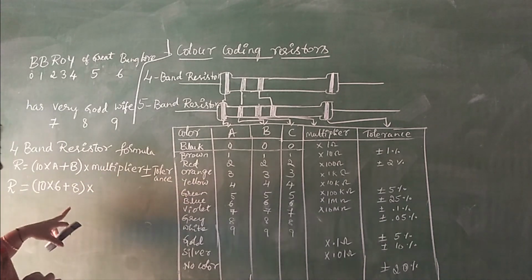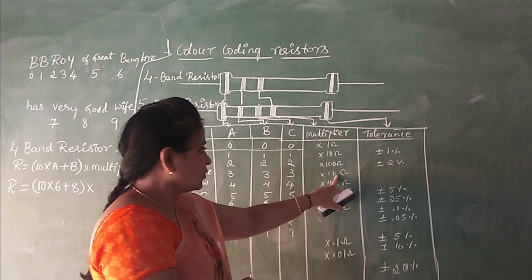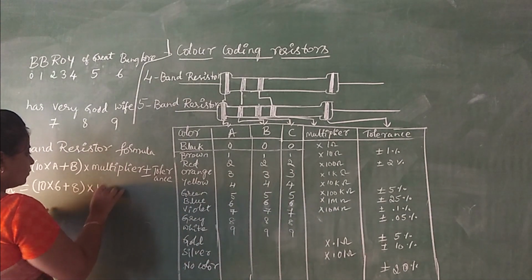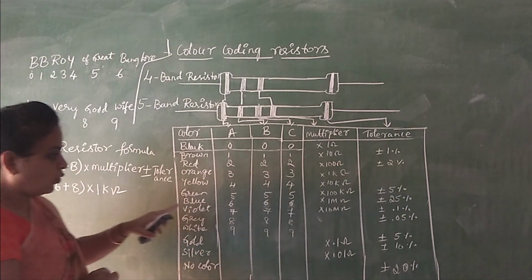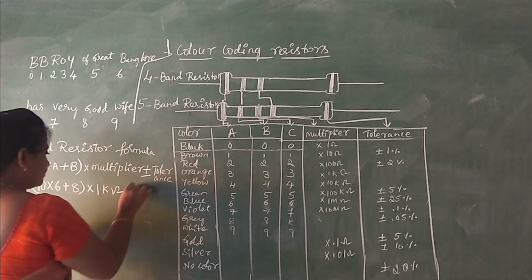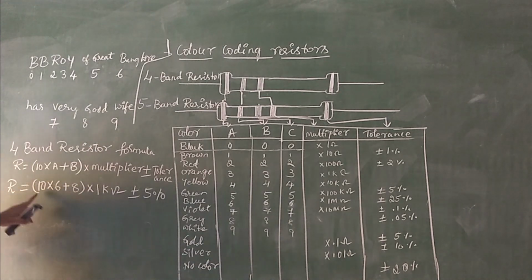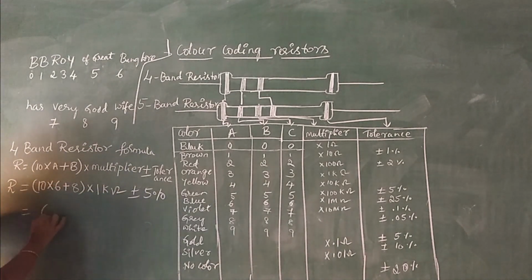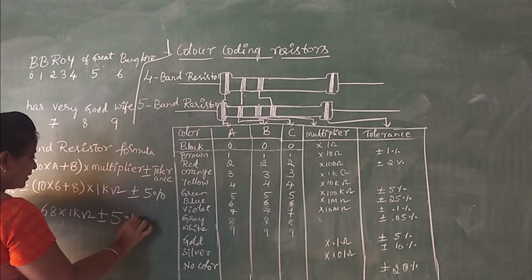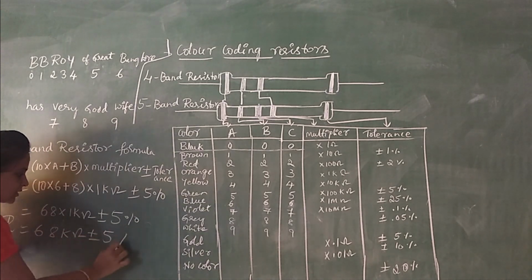In the multiplier band, orange is 1 kilo ohm. For tolerance we have gold, plus or minus 5%. Now solve this, we get 68 into 1 kilo ohm plus or minus 5%. Lastly, we get the resistance value for the 4-band as 68 kilo ohm plus or minus 5%.